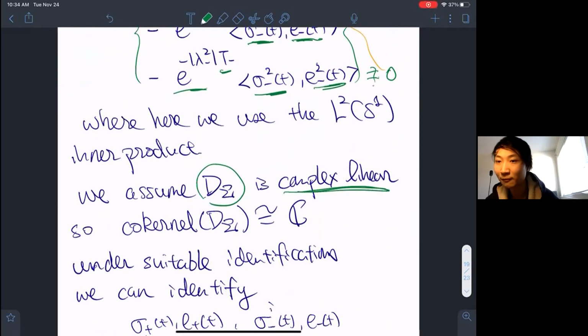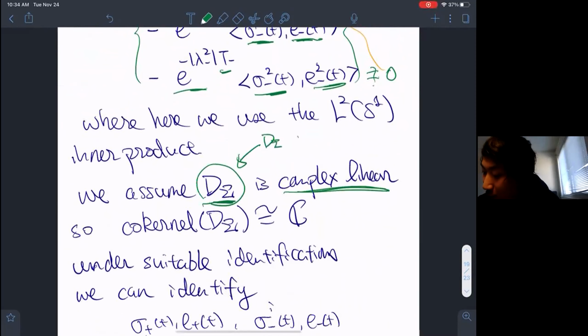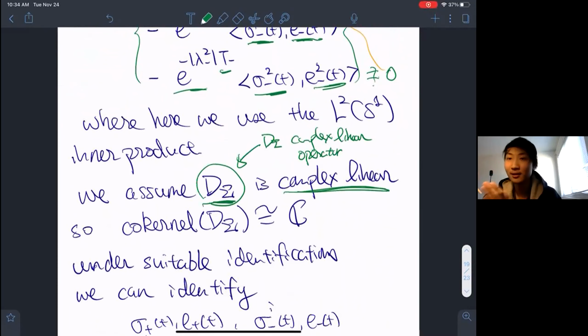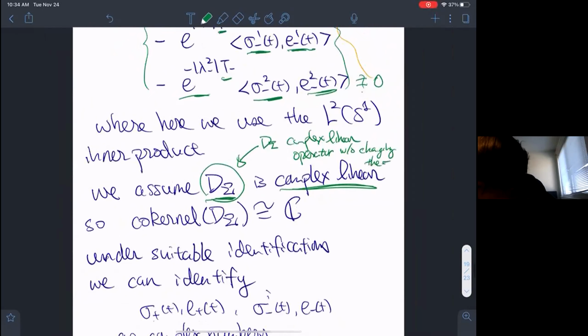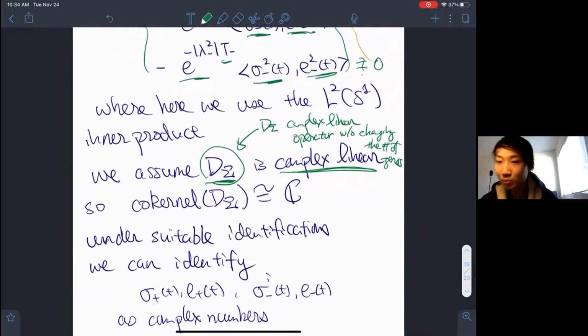Okay, so we can deform this d sigma into a complex linear operator without changing the number of zeros. Okay. And we said the co-kernel was 2-dimensional, so we can identify the co-kernel with just C.